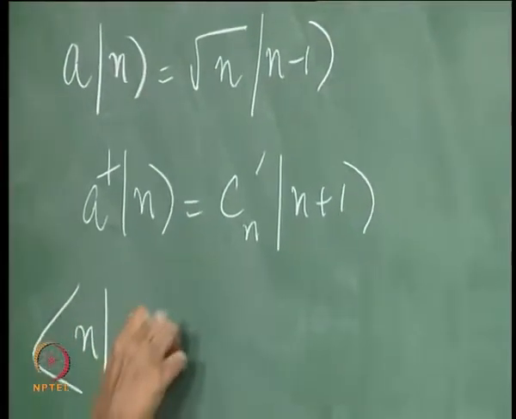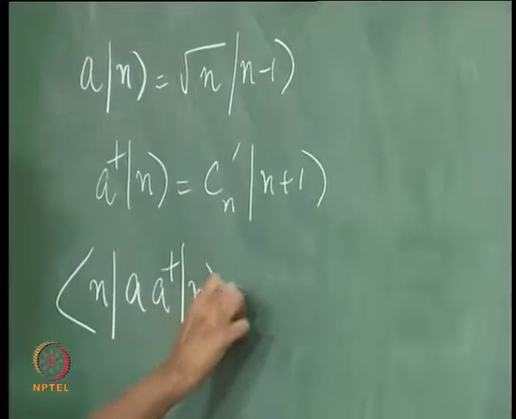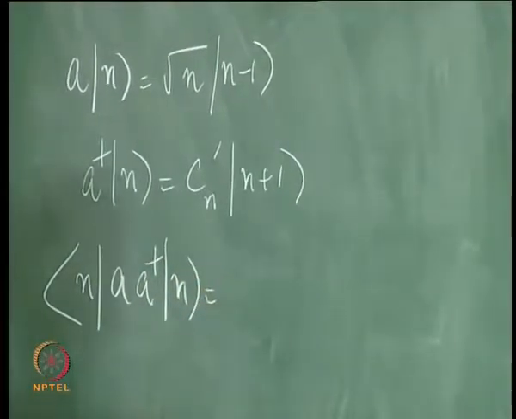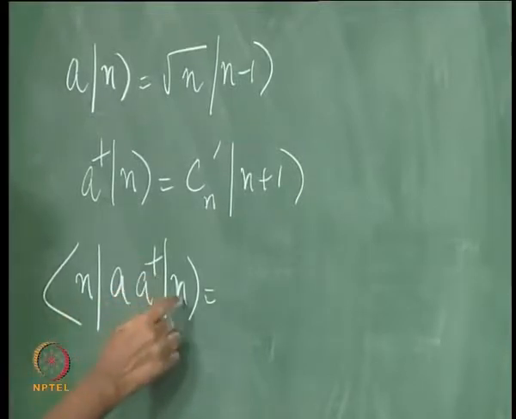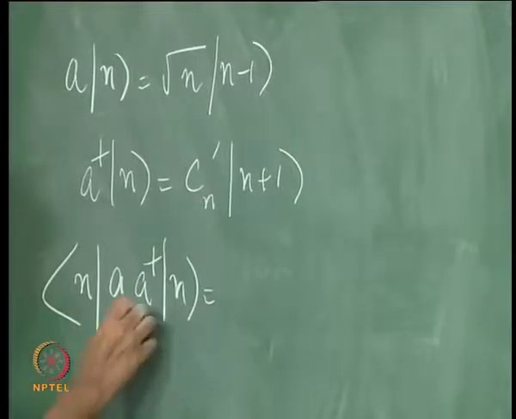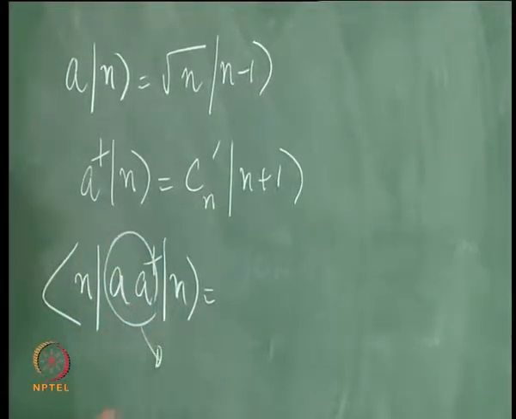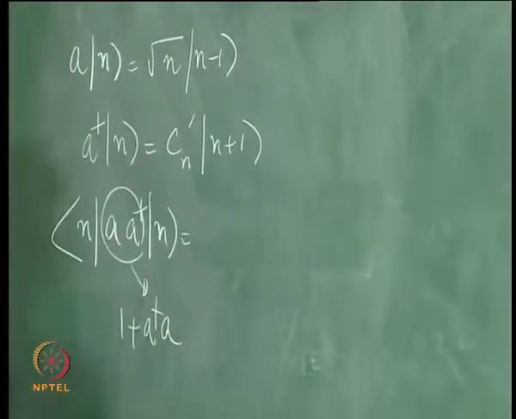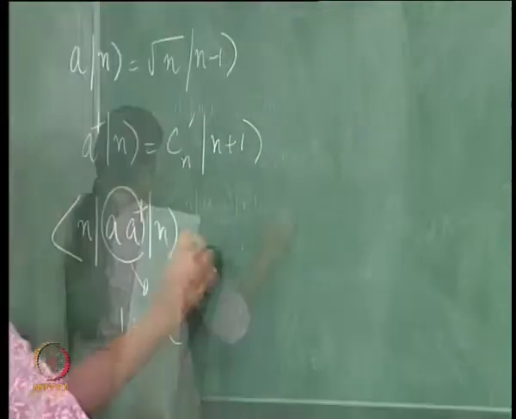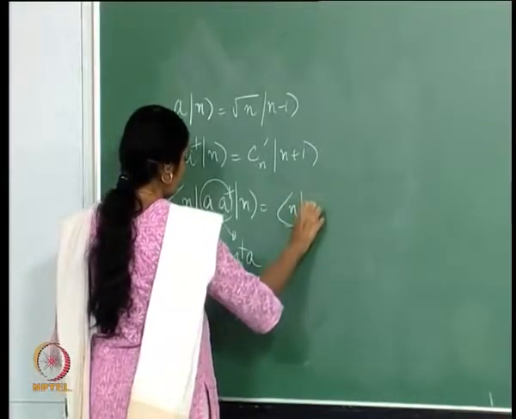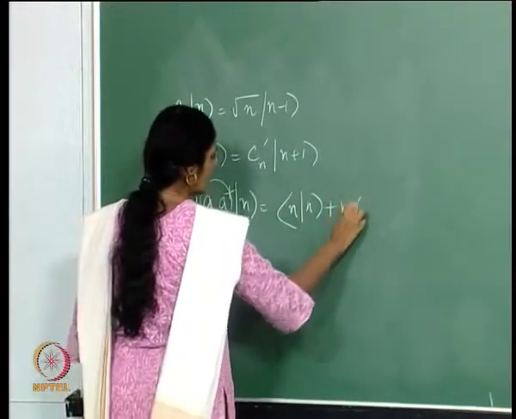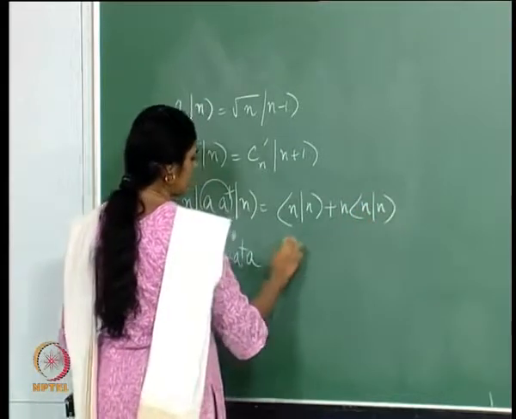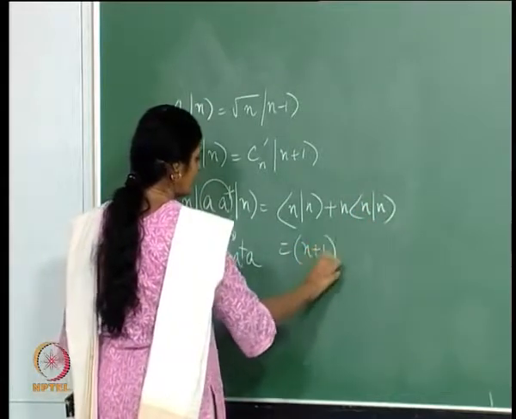I can always find out this object, <n|A A dagger|n>, but A A dagger is 1 plus A dagger A, and therefore this object is <n|n> plus n times <n|n>, which is n plus 1.